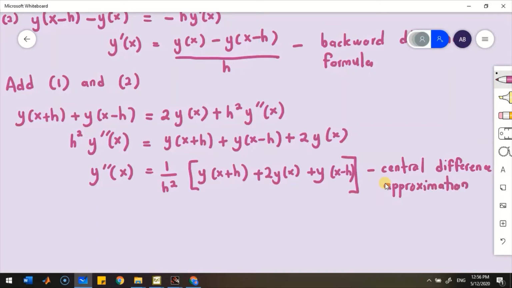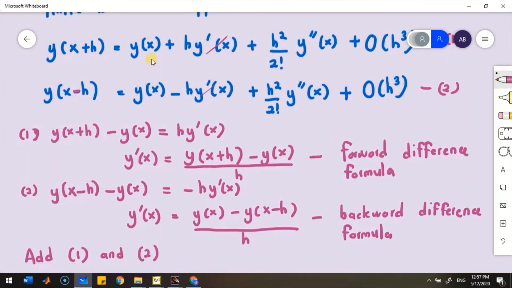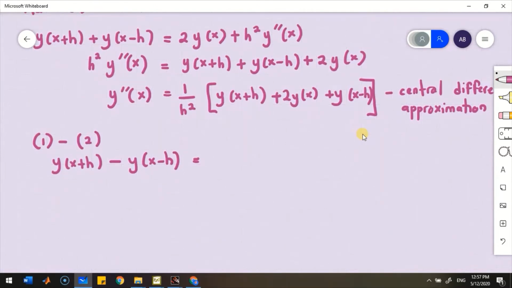Now I'm considering only the central difference formula. If you want the central difference approximation for the first derivative, you do equation 1 minus equation 2. So y(x+h) - y(x-h). y(x) cancels out when subtracting the two equations. Now I will have 2h y prime x.